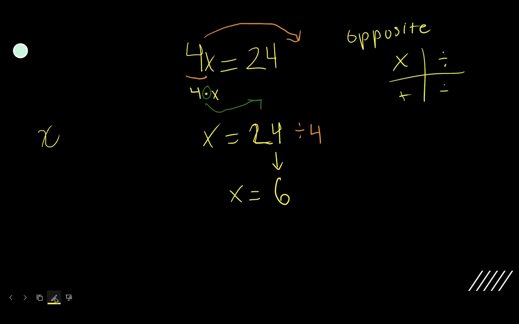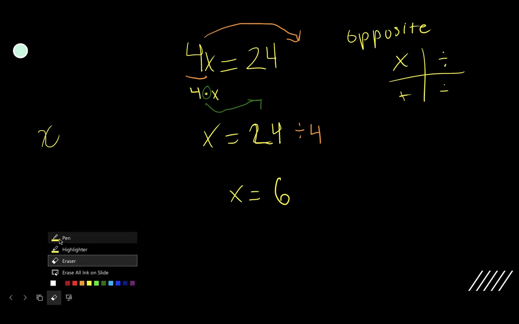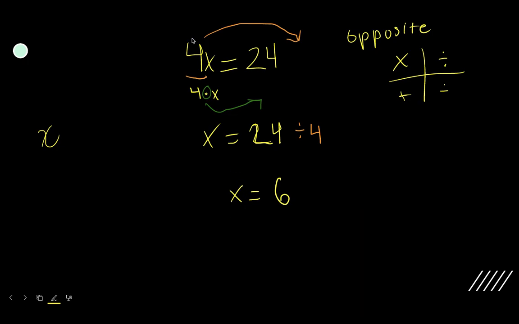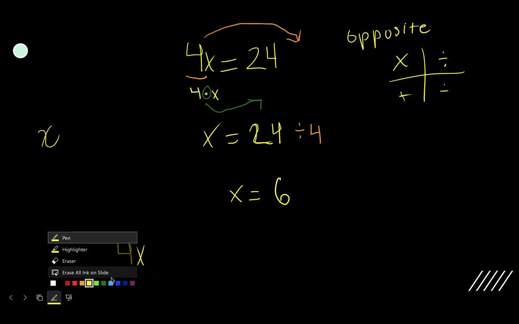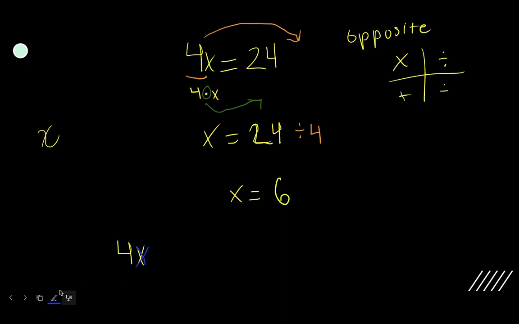Now we can check this by doing 4 times 6, because we have a value for x now. So we can substitute this x. If I change the x to a color of blue, so that you can see it better, 4 times x.